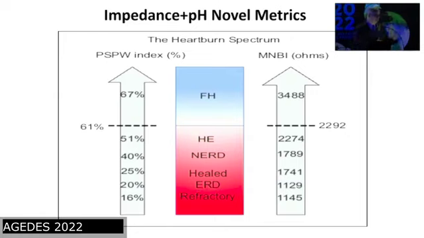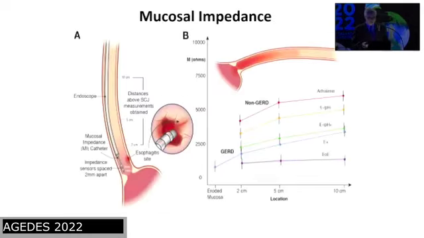But this is only if the patient undergoes impedance plus pH. You can use those metrics; it's one of the options we have. Mucosal impedance, we are using it. It's approved in the US. During endoscopy, instead of doing 24-hour pH impedance, we put a probe in and we measure the mucosal basal impedance on the spot.